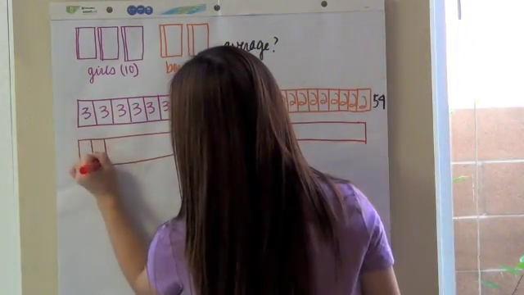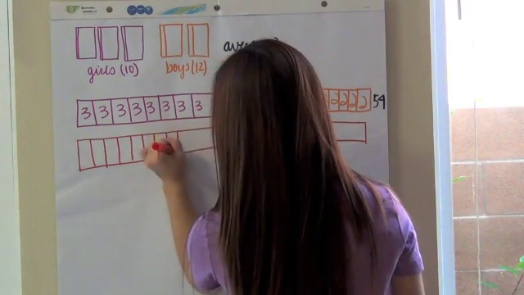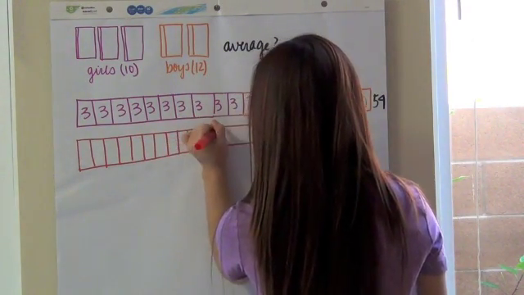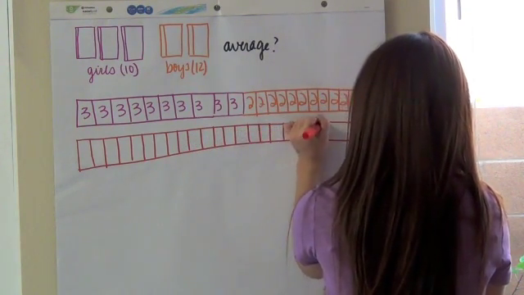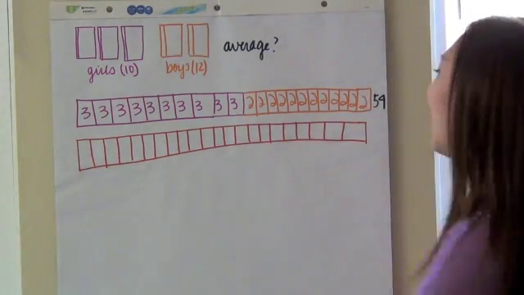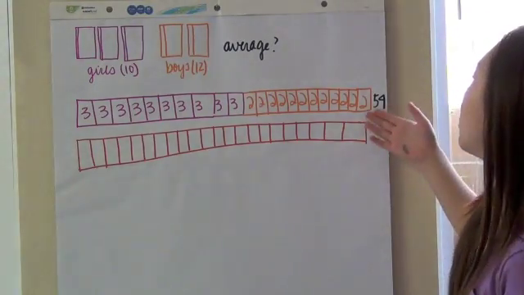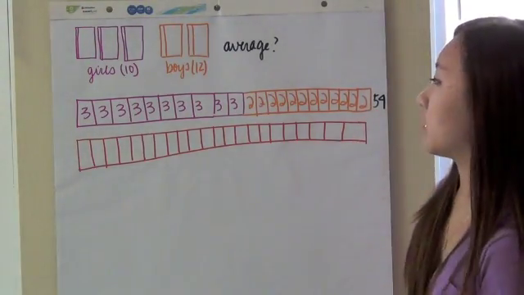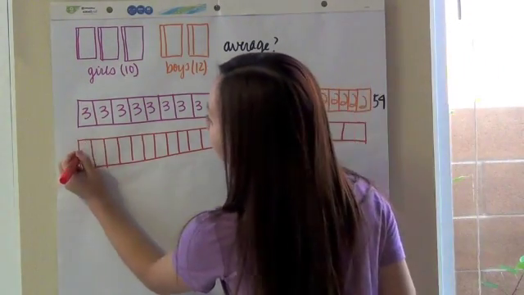So, 4, 5, 6, 7, 8, 9, 10. Okay, pretend these are equal. And so because all of the squares are equal, we want to divide 54 by the amount of squares. As we did before, the number is around 2.5.